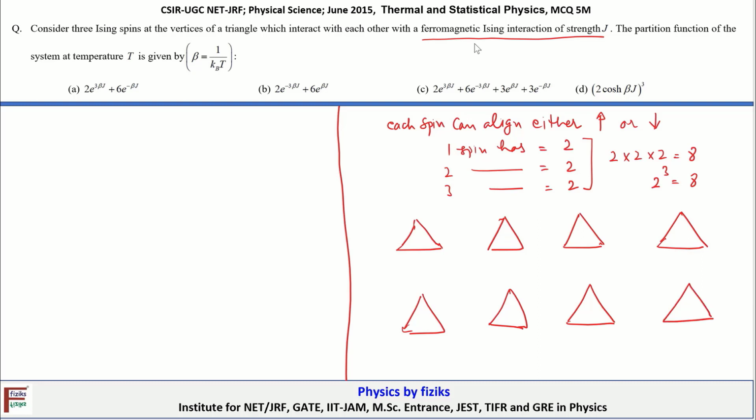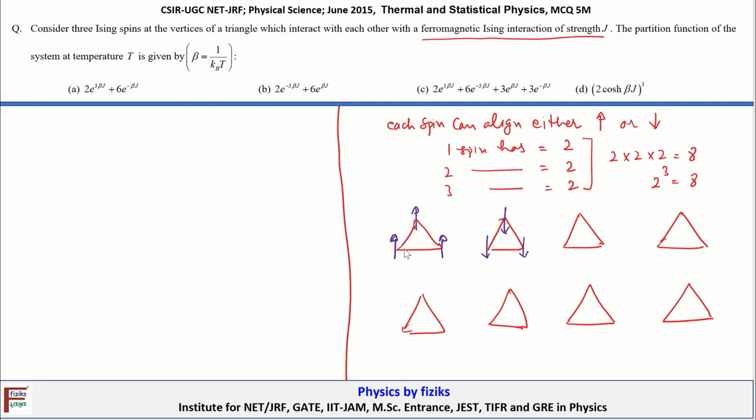Now we have to fix the spins on the vertices of the triangle. The first situation could be that all the spins are pointing in the upward direction and are placed on the vertices of the triangle. In the second case, all the spins could point in the downward direction. This is the second microstate.